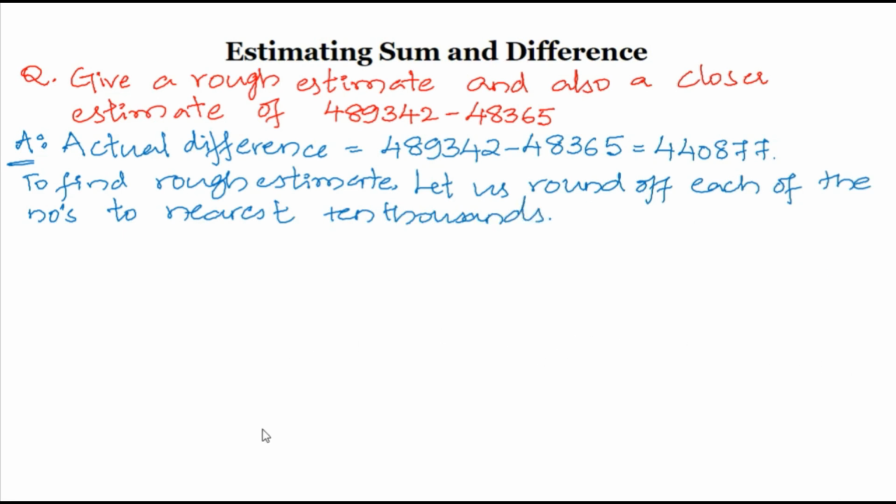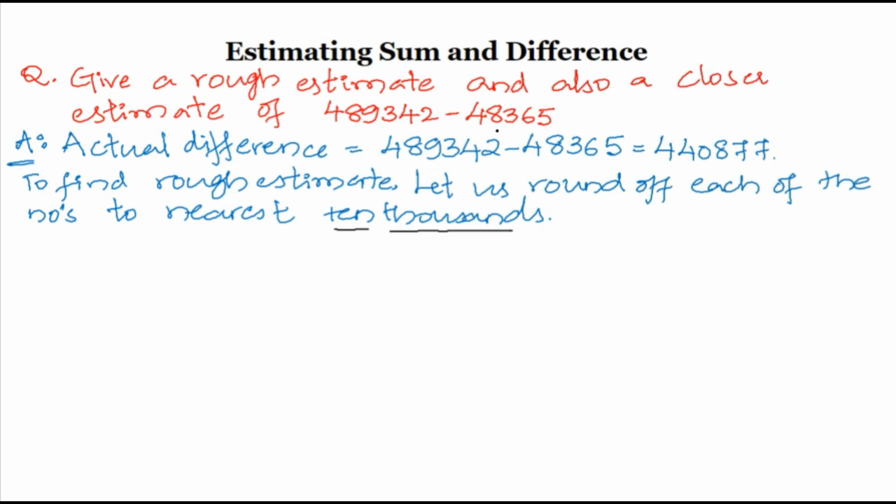Here, very important thing you should notice. Why did I take the nearest 10,000? Here, the smaller number among 4,89,342 and 48,365 is 48,365.